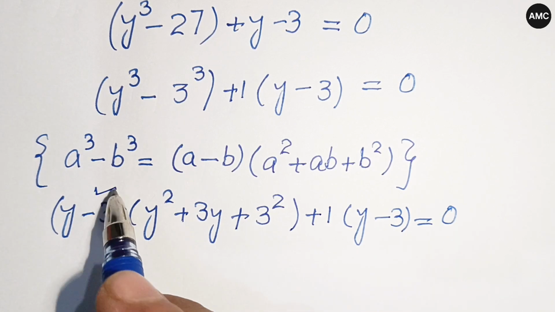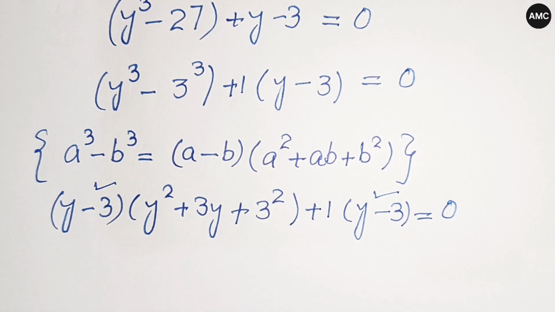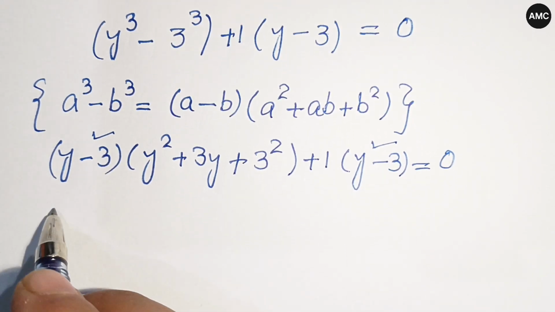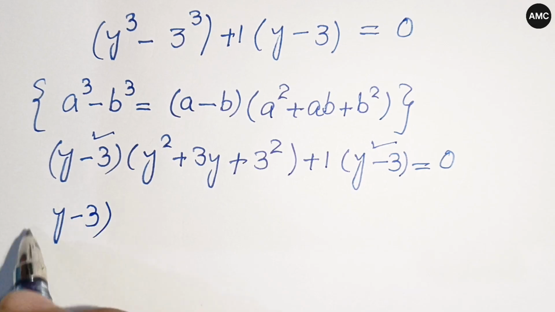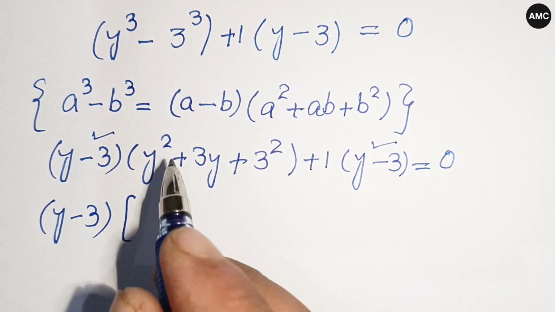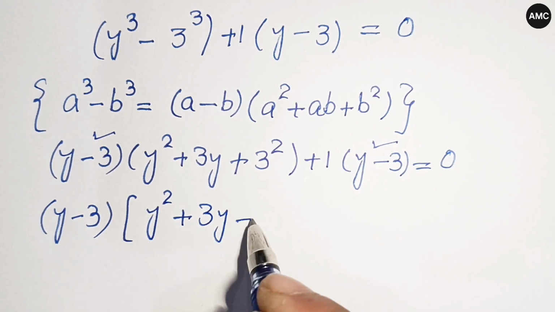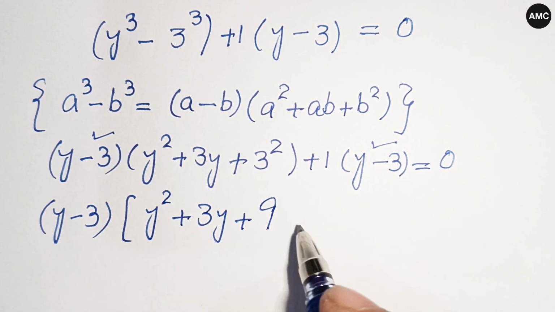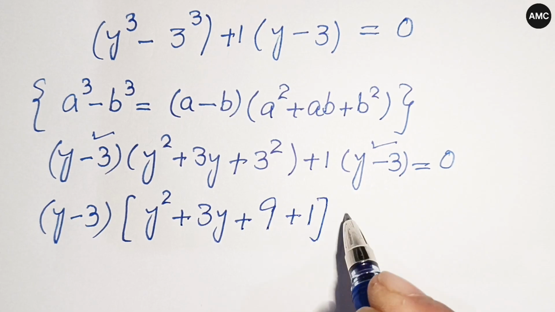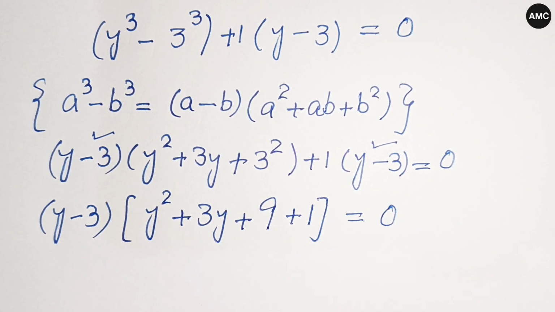Now y minus 3 is a common factor, so we write y minus 3 outside the bracket. Then inside the bracket we have y squared plus 3y plus 3 squared, which is 9, and here we have only 1, that is equal to 0.